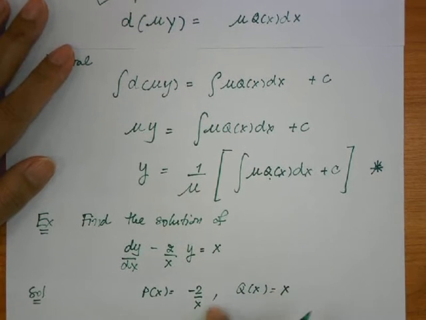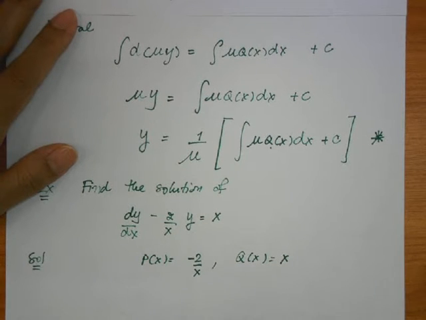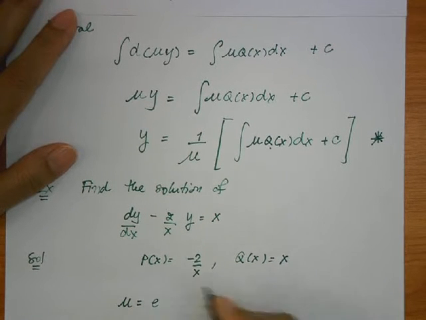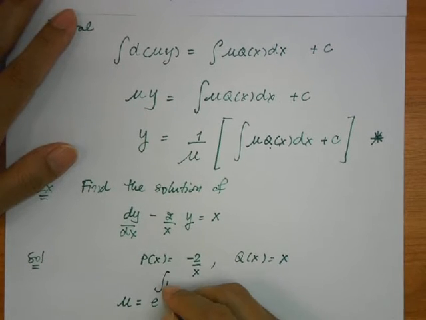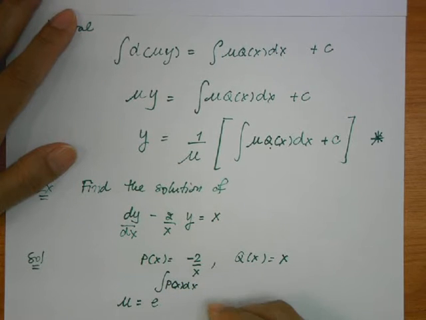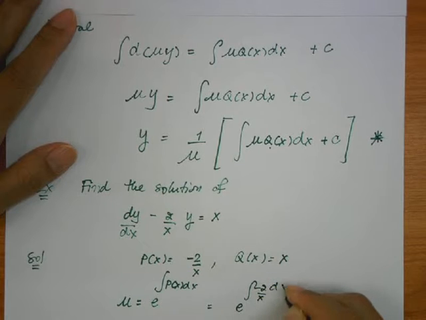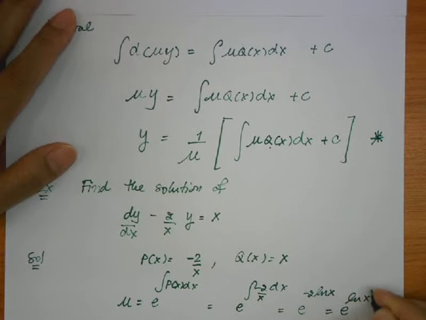So you just plug the values in. You know that your integrating factor is equal to the exponential of the integral of p(x) dx, which is equal to the integral of minus 2 over x dx, which gives 1 over x squared.